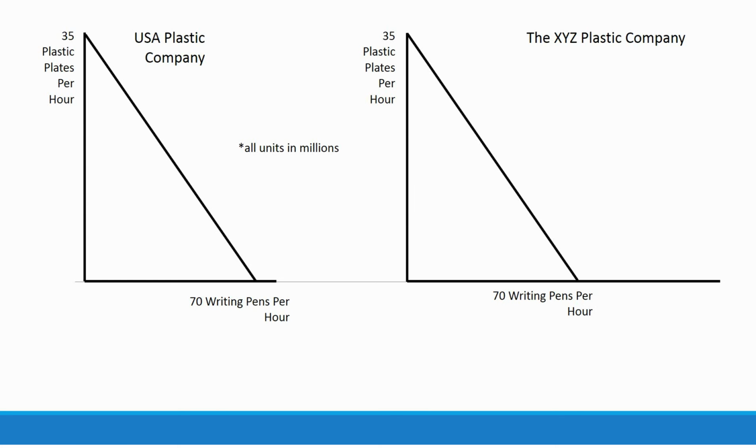Well, the XYZ Plastic Company decides to change that, and it wants to specialize in one of these units. So it changes the way the firm creates product in order to make more product.